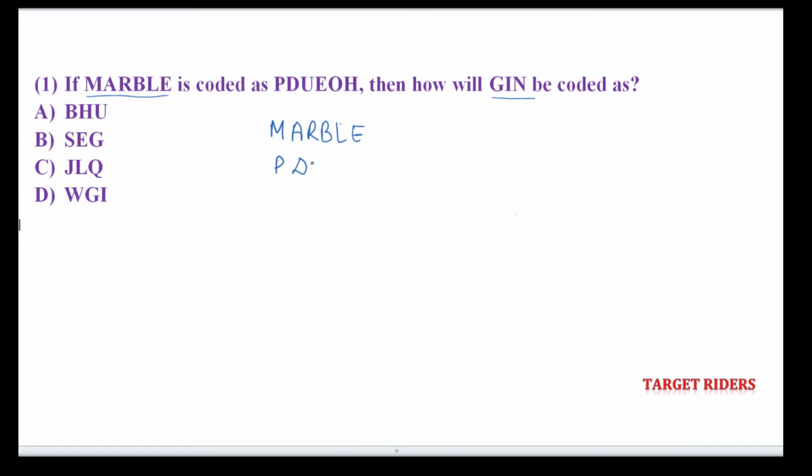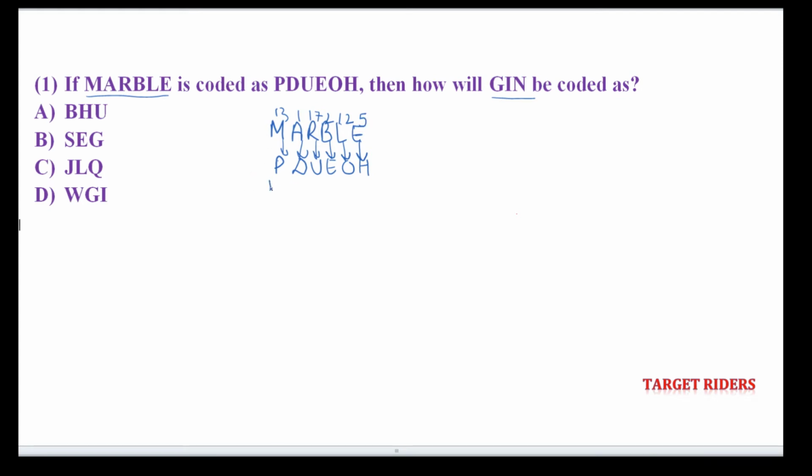We learned the positions from the tips and tricks of coding decoding: M is at 13th position, A is at 1, R is at 17, B is at 2, L is at 12, E is at 5th position.